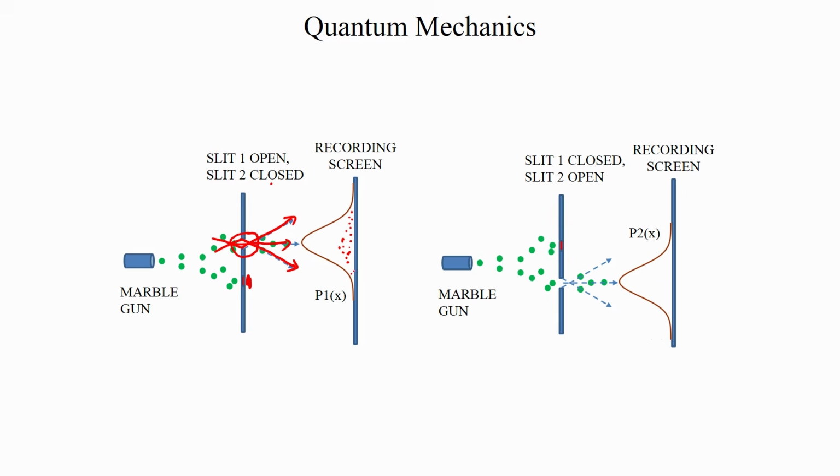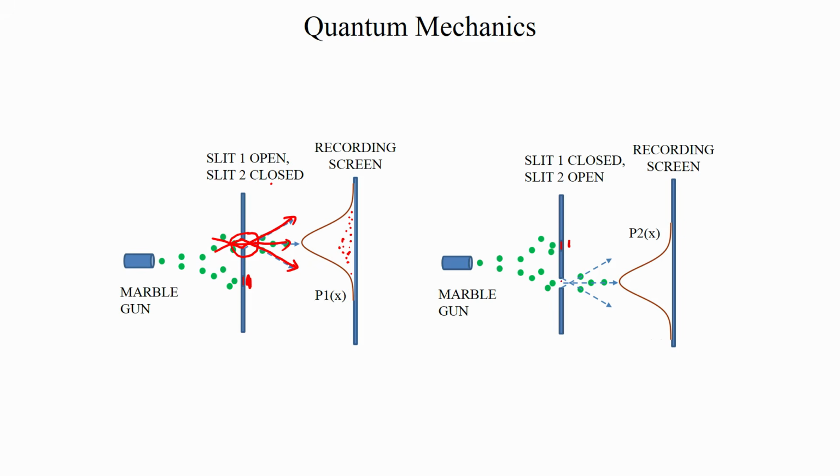This is what common sense might tell us, and it's a fairly good argument because there is only one entrance to this entire path to the screen. On the other hand, if you were to close slit 1 and keep slit 2 open, you would expect the same profile, but shifted in x. You don't expect the profile over there because there is no path to strike the screen over there.